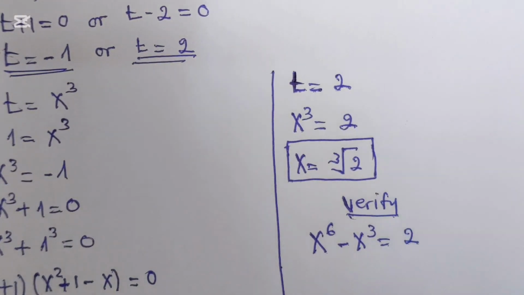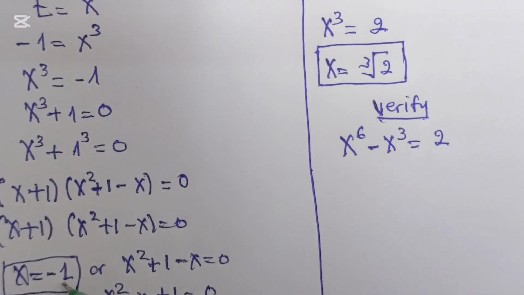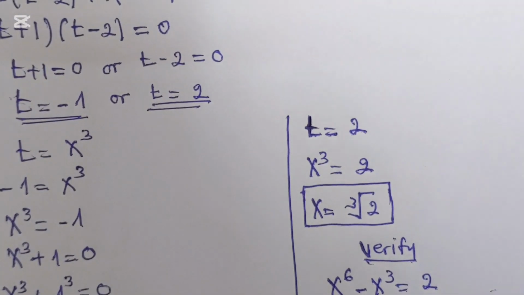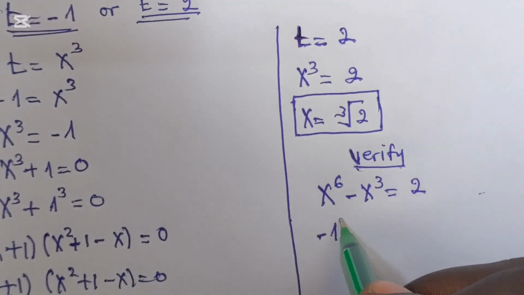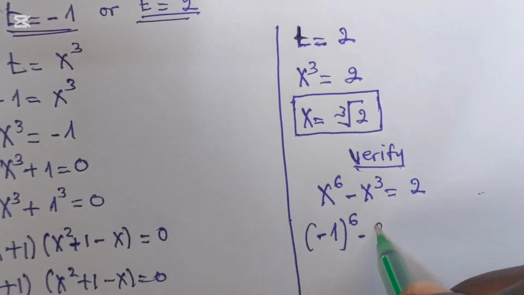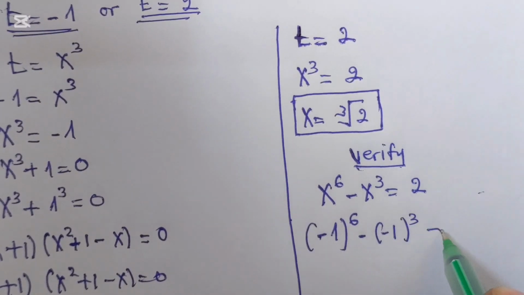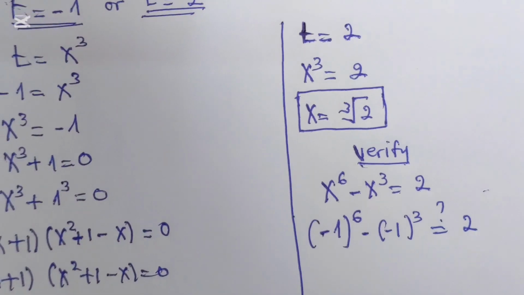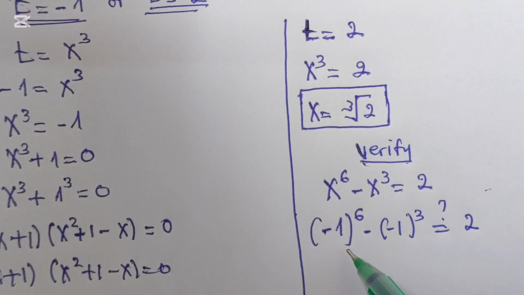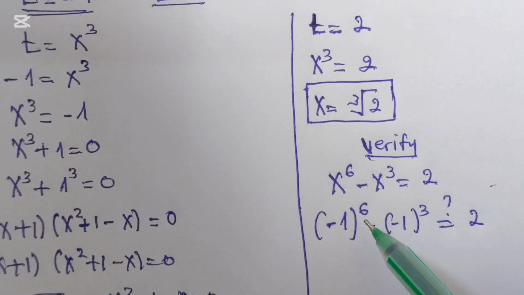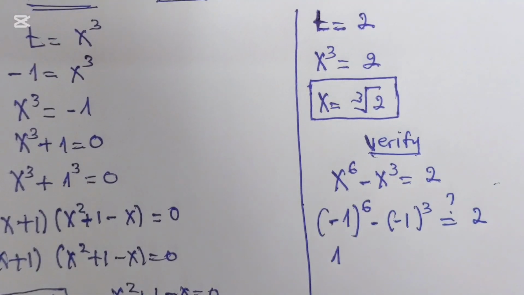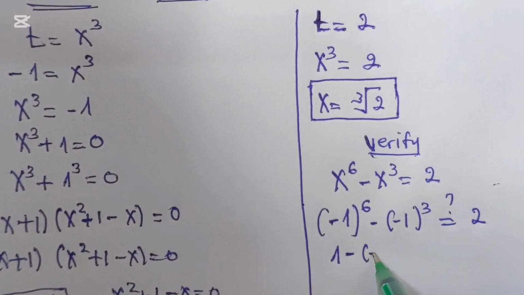So by checking our first value of x, which is equal to negative 1, this will provide negative 1 to the power of 6 minus negative 1 cubed is equal to 2? Any negative number raised to the power of an even number will be positive, so this is a positive 1, and any negative number raised to an odd power will stay negative, so here we have a negative 1.